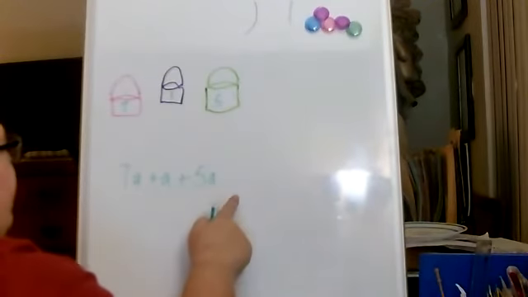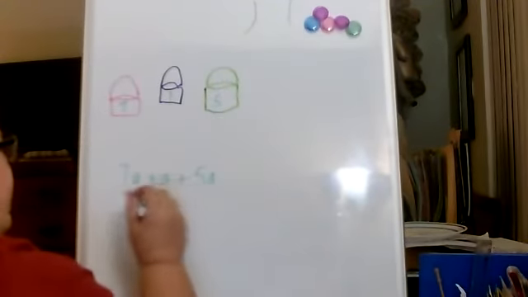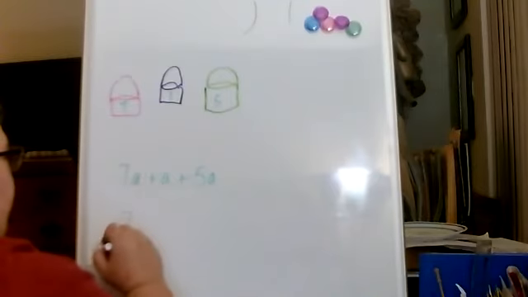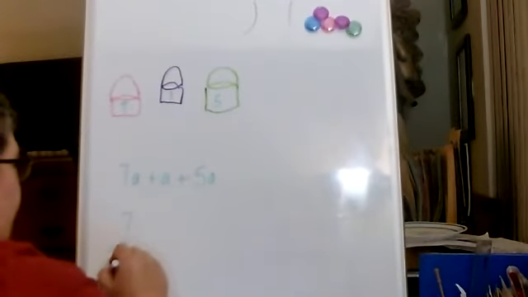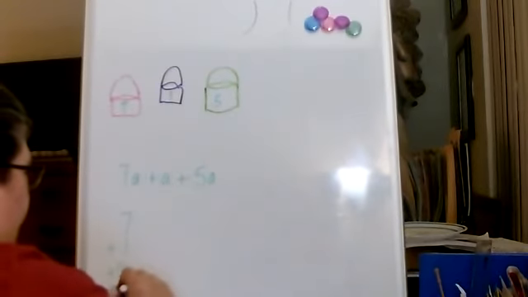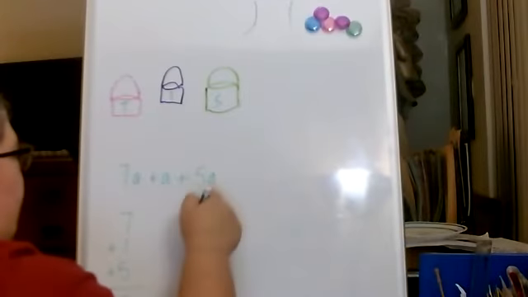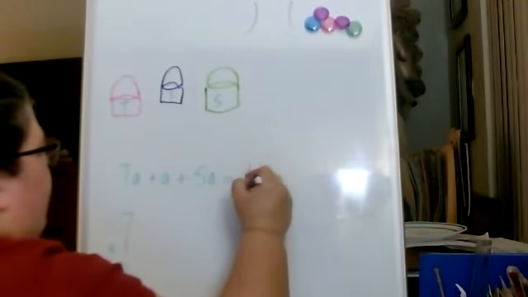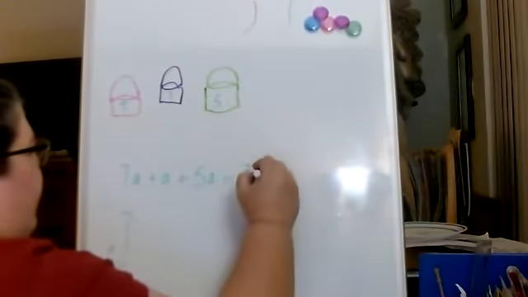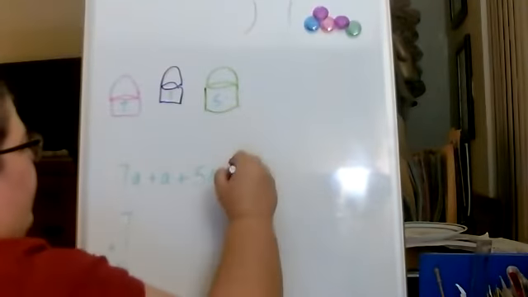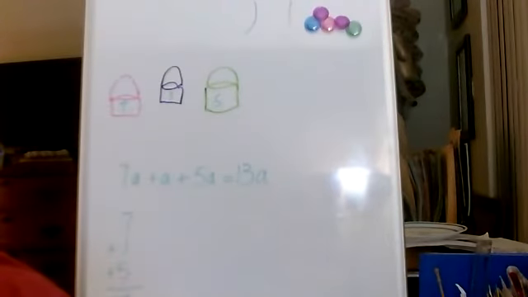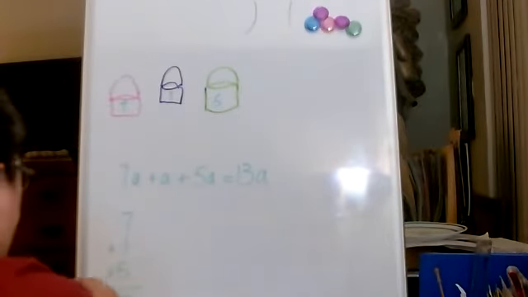And we're going to combine all these together. 7 plus 1 plus 5 is going to be 13. And we're adding, so the variable does not change. 13a. Okay?